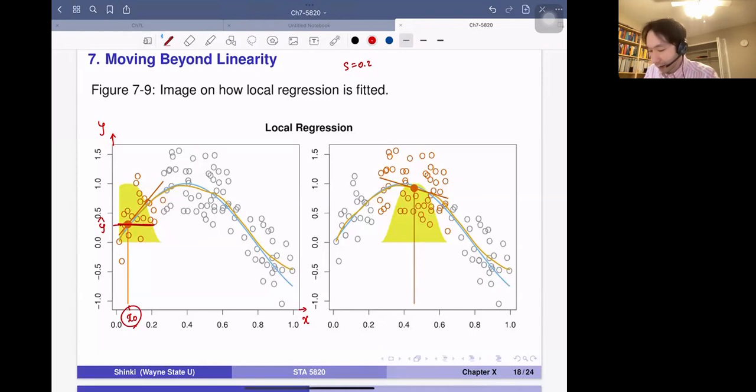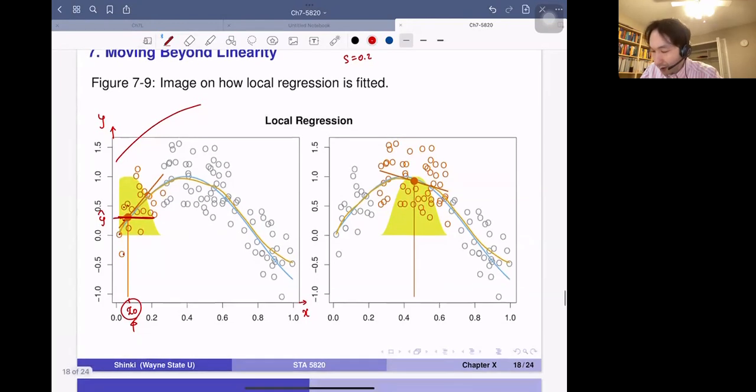If x0 is this value, only about 5 observations are less than x naught, but the other 15 are more than x naught. That means we may have bias. If we have only 5 observations to the left and 15 to the right, we may have some bias. So it's better to fit a straight line rather than just a constant value.